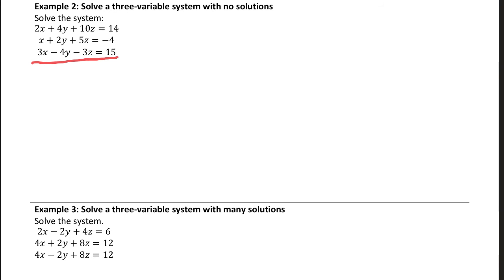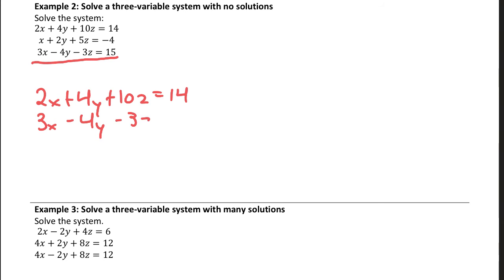It would be easy to eliminate because equation 1 and equation 3 have 4y and negative 4y. So I have 2x plus 4y plus 10z equals 14. And in the bottom I have 3x minus 4y minus 3z equals 15. So y naturally cancels there.